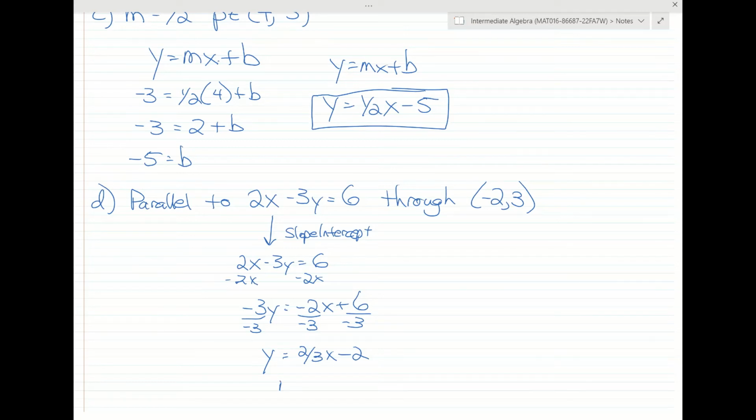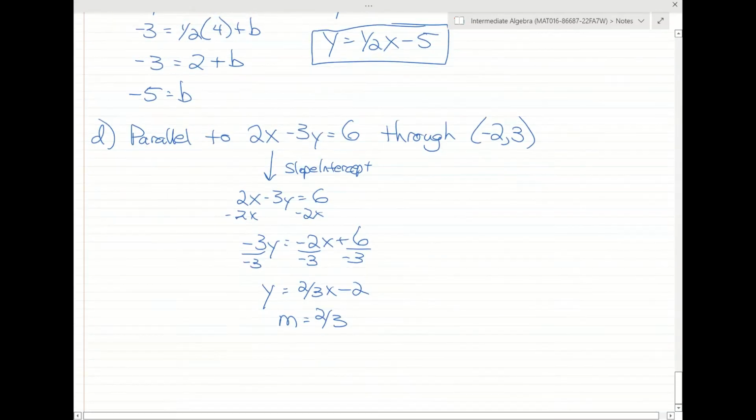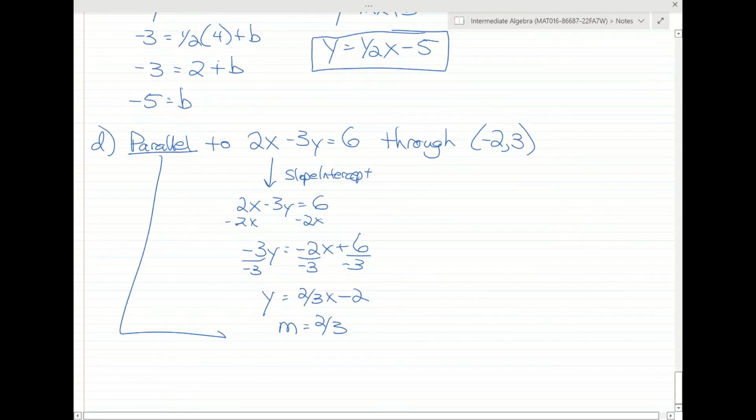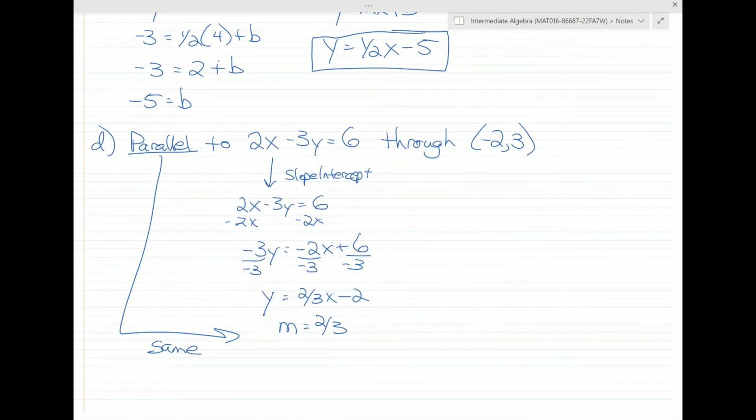So the slope of this line is 2/3. If it's parallel, it's going to be the same as this, same slope. So we are going to use the same slope. Parallel slope would be 2/3.